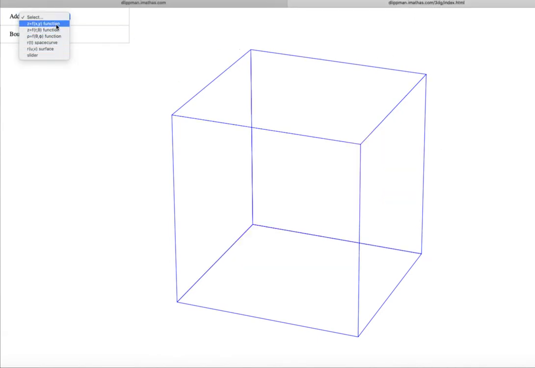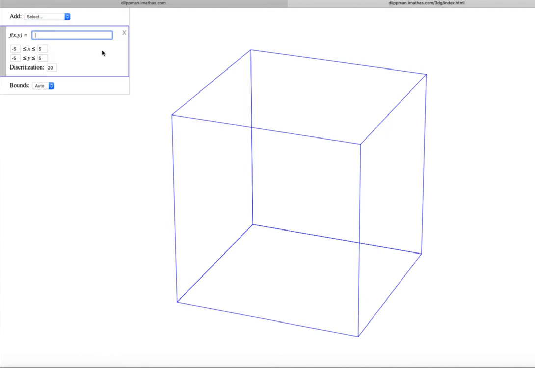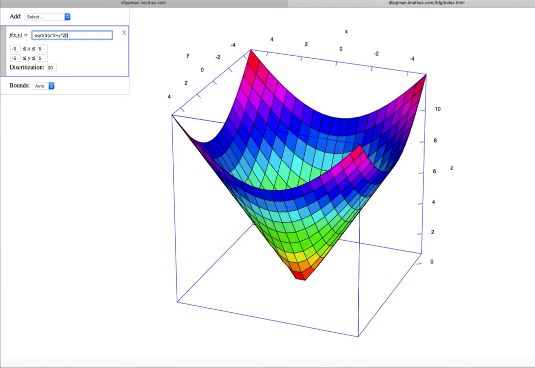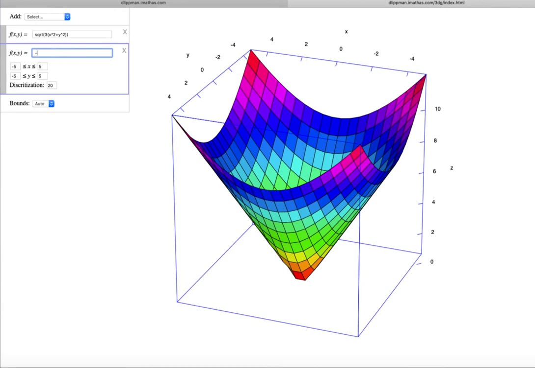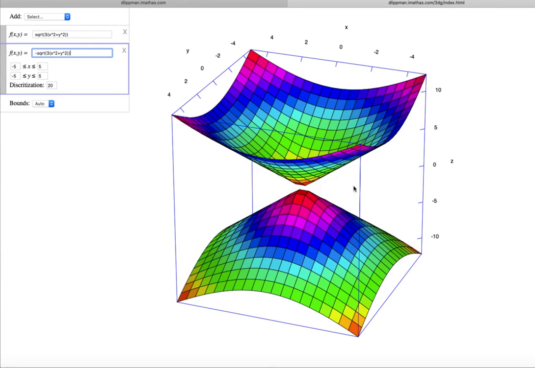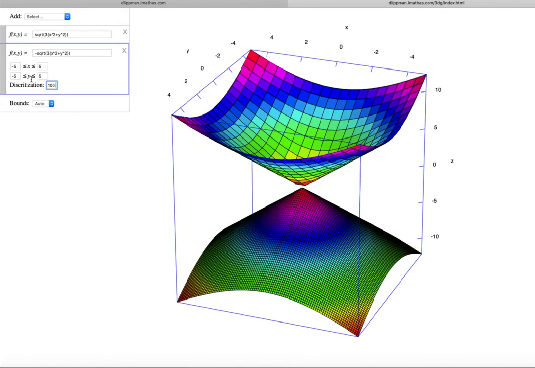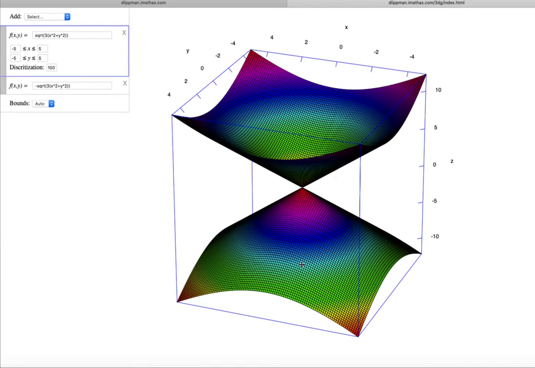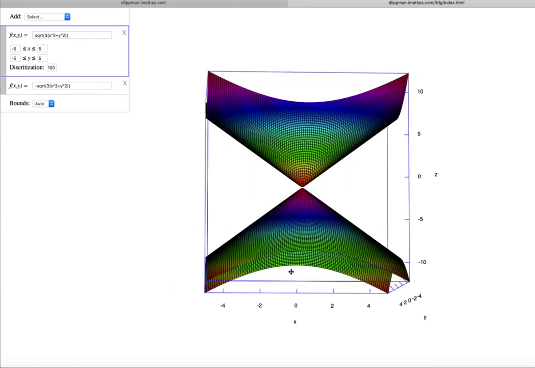So with our cone, just go back to regular square root of 3 times x squared plus y squared. Then we'll make another one, and we'll just stick a negative in front. And of course, why does that look so bad? It looks so bad because of our discretization. So let's make that better. More pixels. So there we go. You can imagine we got a couple of cones there.